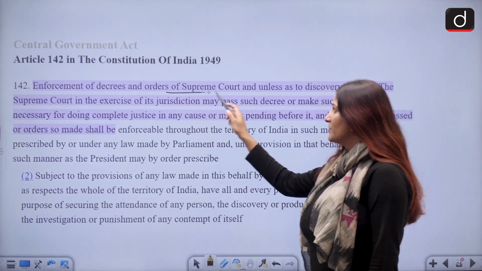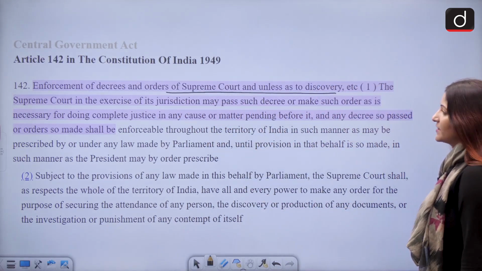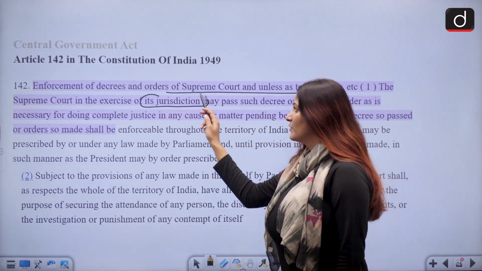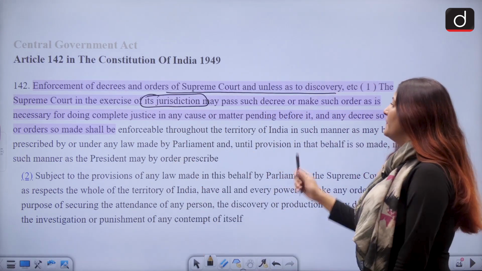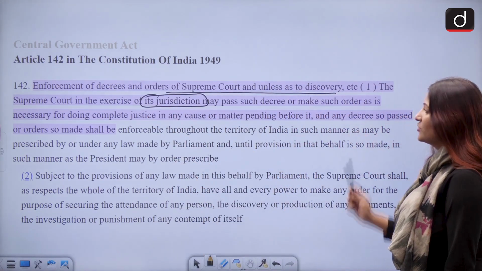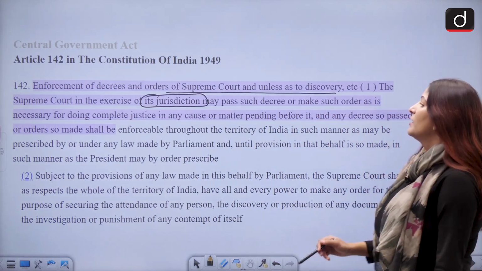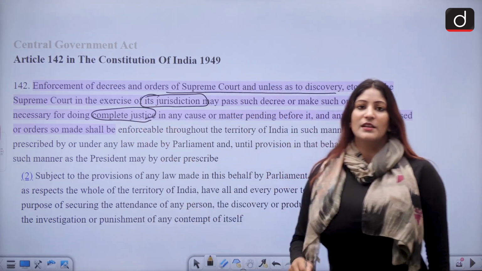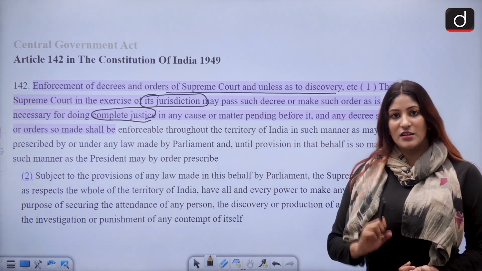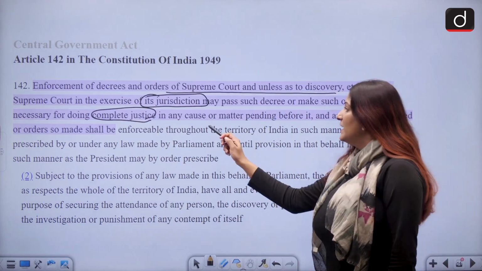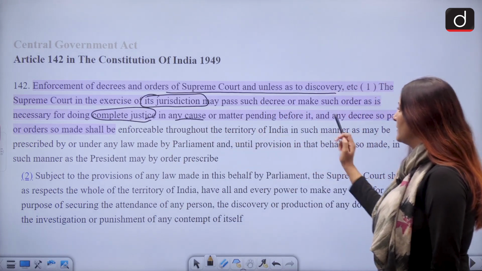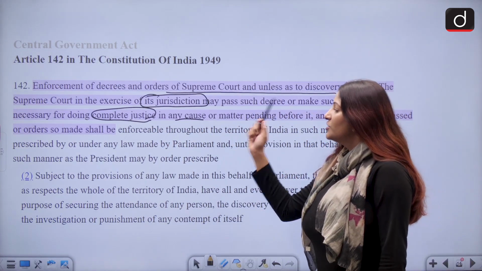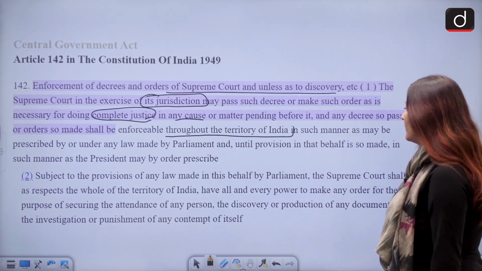Enforcement of decrees and orders of the Supreme Court, and unless as to discovery, etc., the Supreme Court, in the exercise of its jurisdiction, may pass such decree or make such order as is necessary for doing complete justice. Keyword here: under its own discretion or jurisdiction, complete justice in any cause or matter pending before it, and any decree so passed or orders so made shall be enforceable throughout the territory of India.